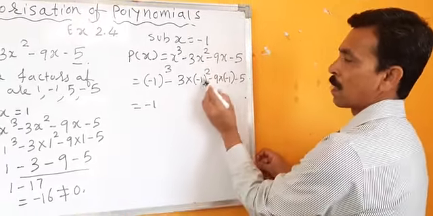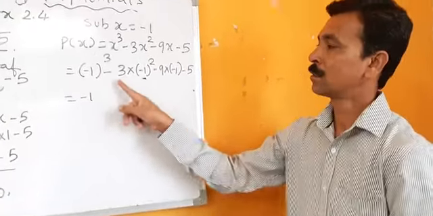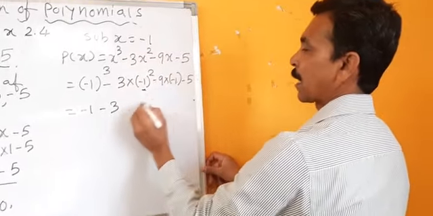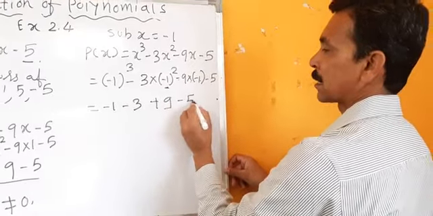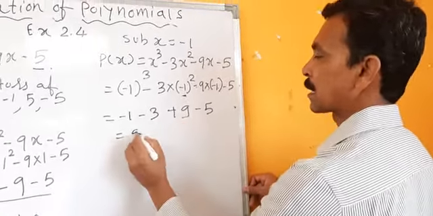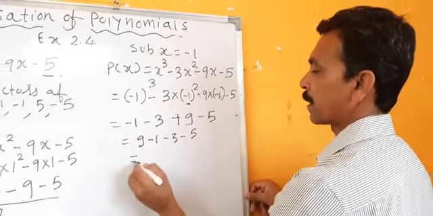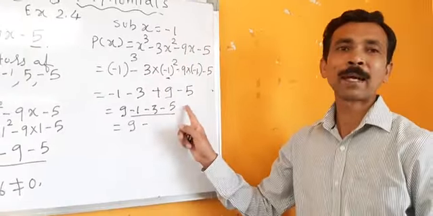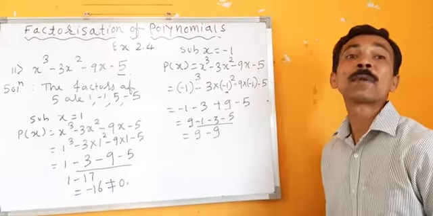Minus 1. What is minus 1 square? 1. 1 into 3 is 3, but here it is minus. Minus into minus is plus 9, right? Minus 5. Is equal to, this is plus 9, minus 1, minus 3, minus 5. See, minus 1, minus 3, minus 5 is minus 9. Minus 1, minus 3 is minus 4.